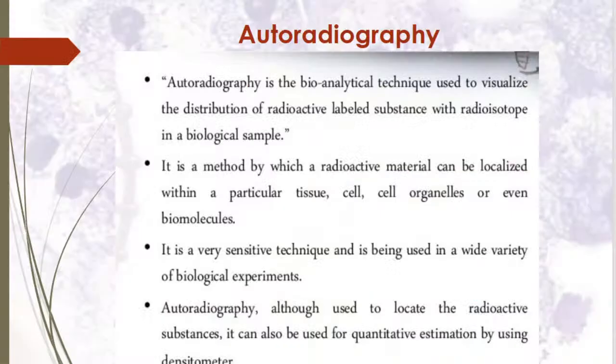And the last method we study today is autoradiography. Autoradiography is a bioanalytical technique used to visualize the distribution of radioactive labeling with an isotope in a biological sample. It is the method by which radioactive material can be localized within particular tissues, cells, organelles, or even biomolecules.